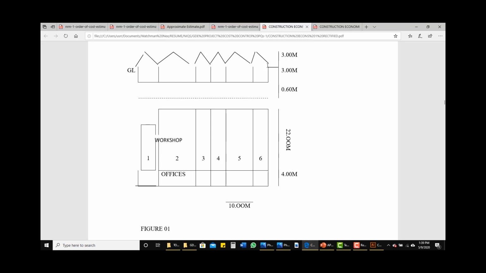But in a case whereby we have a parapet on your flat roof, if the height of that parapet is higher than 600, then you choose that height. You measure from the top of your concrete foundation up to the height of the parapet. But if your parapet is lesser than 600, you measure from the top of the concrete foundation up to 600 above your flat roof. So that's in the case of flat roof.